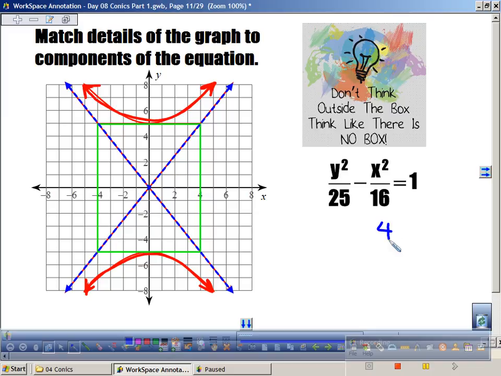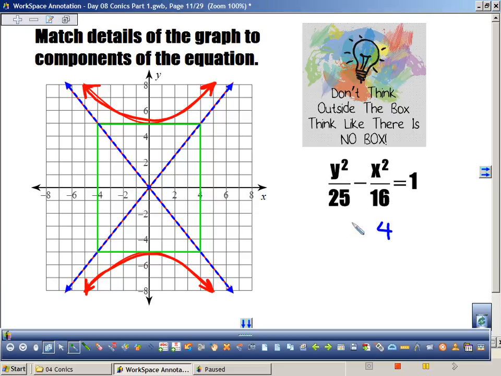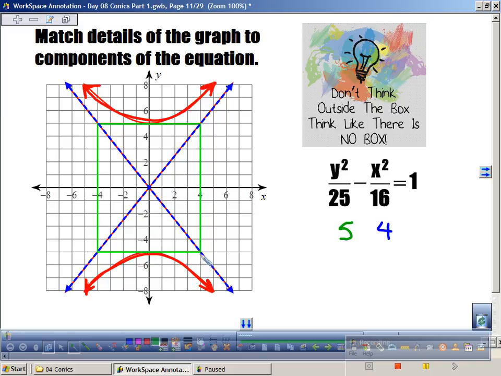We're graphing on the Y. So my Y would be 5. So my slope box would be up 5 over 4, up 5 over 4, down 5 over 4, down 5 over 4. Draw my asymptotes, and my branches need to be on the y-axis because we're talking about y now.